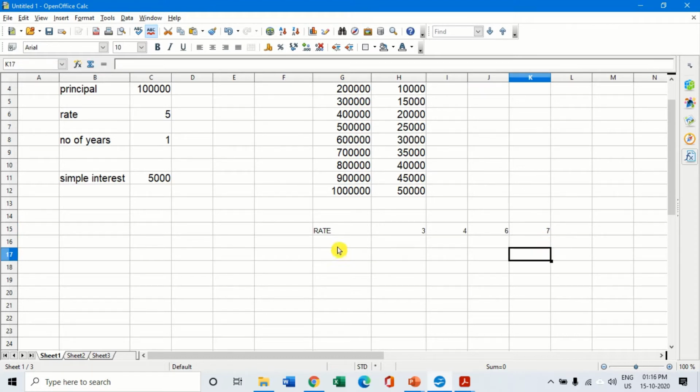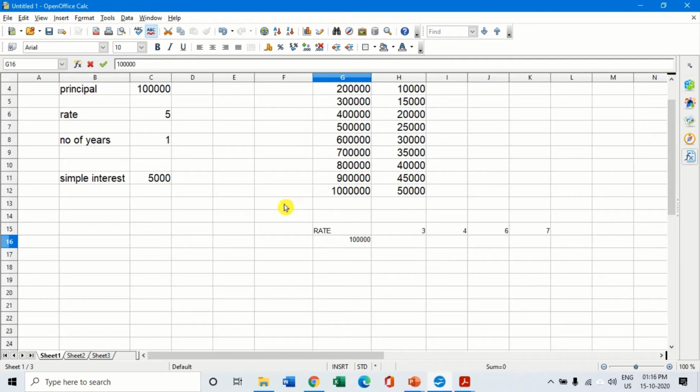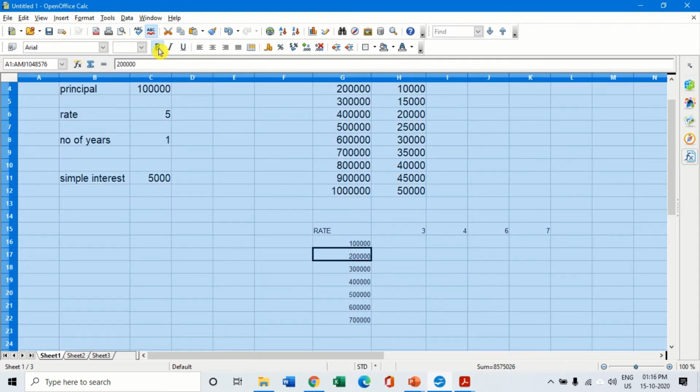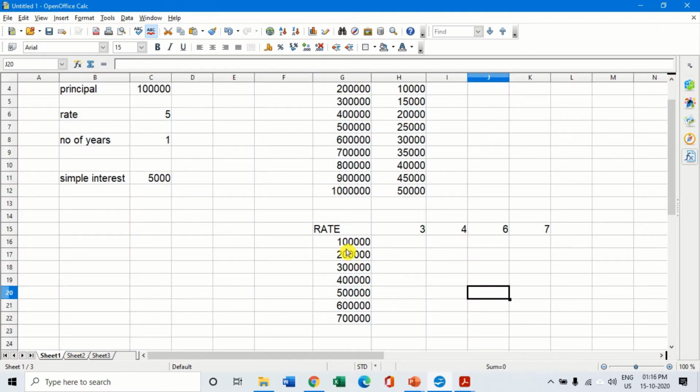Now here the principal amount again is going to vary, say 1 lakh, 2 lakhs and so on. So I'll just select this and I can increase it to say up to 7 lakhs. I'll just increase the font size for you all to see properly. Now here the principal is also varying and the rate of interest is also varying. So now how to do that?